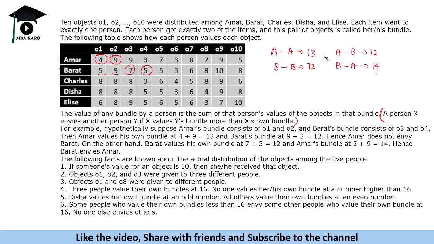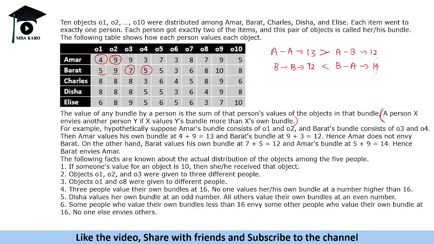If the other's bundle is greater than his own, this person will envy. We saw that Amar's own bundle was more, and if the own bundle is more, he will not envy. His own bundle is 13, the other's bundle is 12, so he will not envy. But if his own bundle is less and the other's bundle is more, he will. That was the condition one needed to understand.